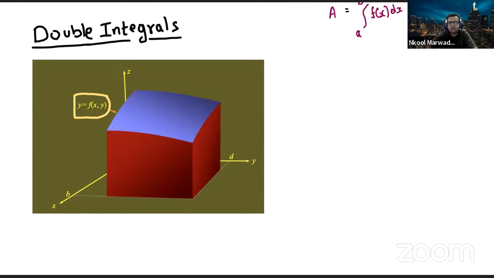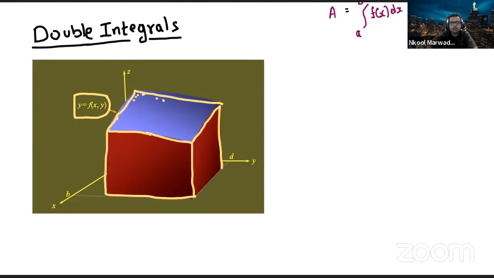So this is a surface on a 3D plane. And definitely it will have some height, and hence we can calculate the volume of this solid object. So there is scope for that, and that is what we will be doing.